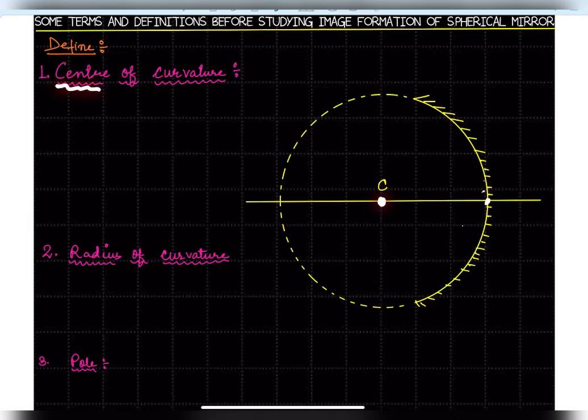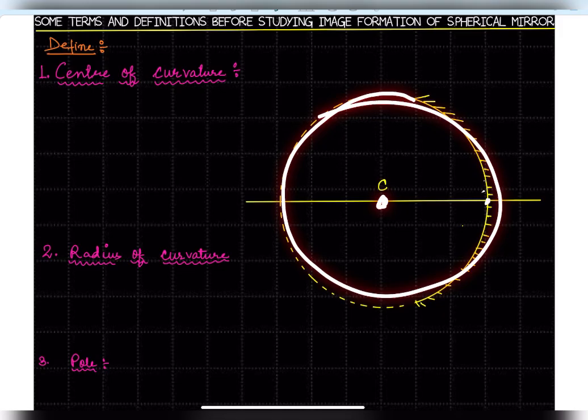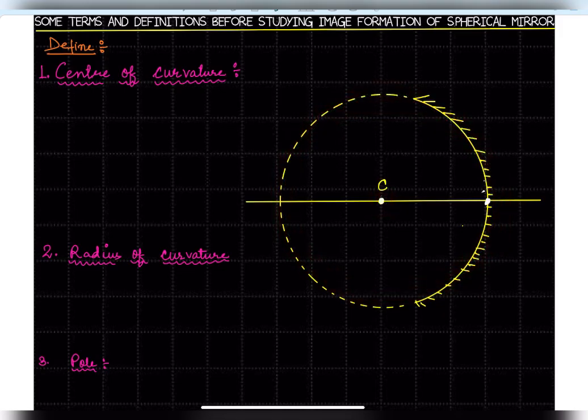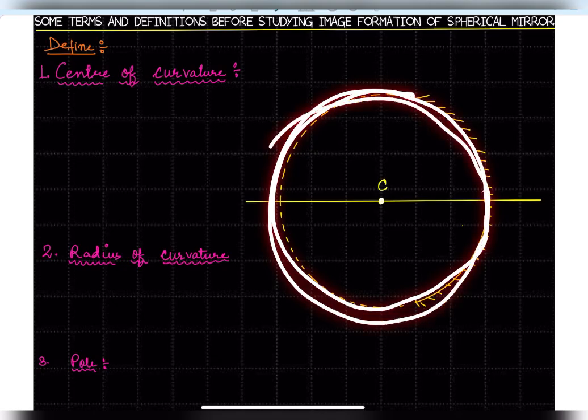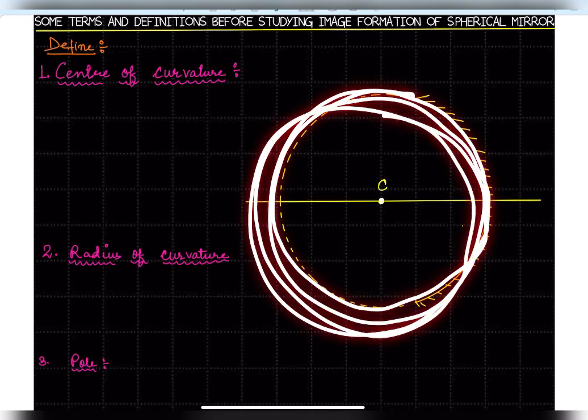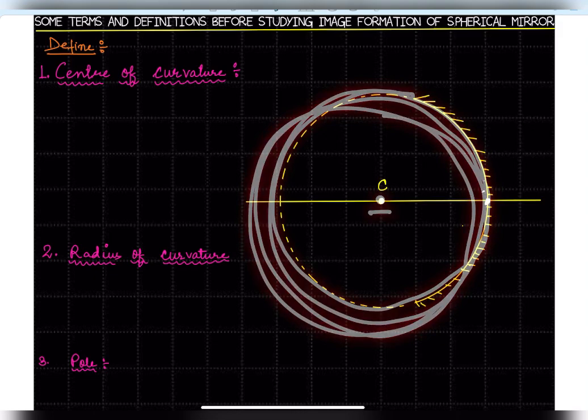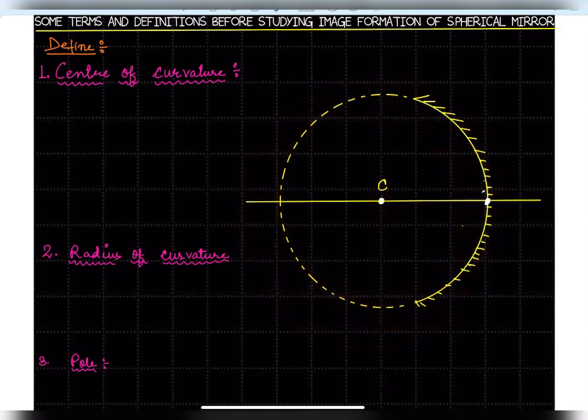Now, what do you mean by center of curvature? That sphere, the football type, will have some center, right? Are you getting my point? The sphere which you are taking will have some center. That center is called center of curvature. What do you mean by center of curvature?